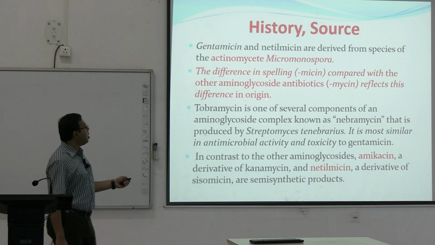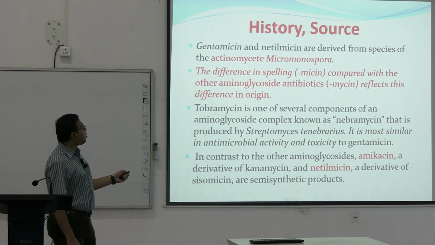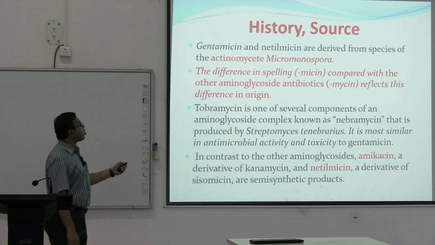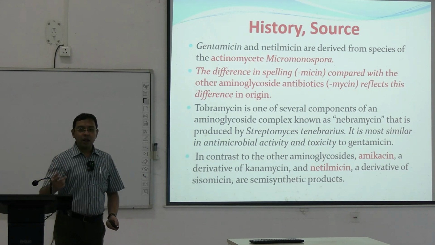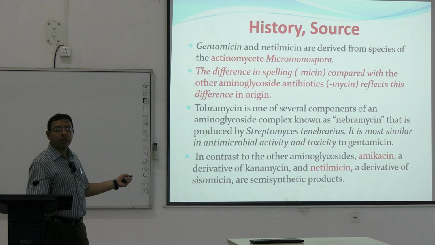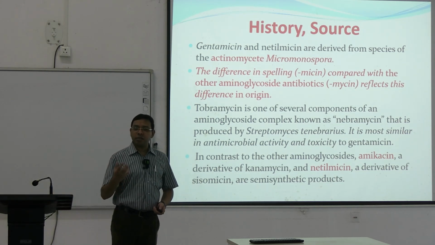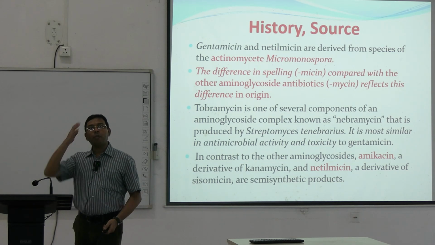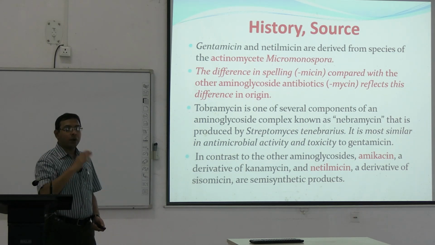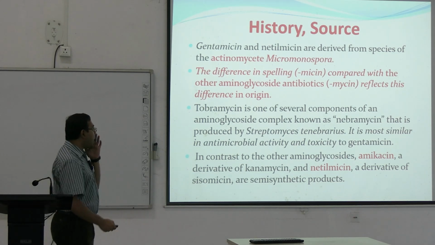The difference in spelling compared with the other aminoglycoside antibiotics reflects this difference in origin. If it ends with MICIN, it is obtained from the actinomycete Micromonospora, and the others are either synthesized semi-synthetically or obtained from Streptomyces griseus. Accordingly the spelling changes.